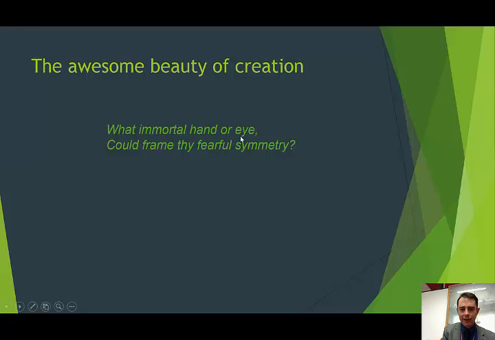And here's where it gets really interesting. So we've got a reference here to two aspects of this created God, two nouns, the hand and the eye. And I think actually if you unpack those things, they're referring to different ideas. The hand could be seen as the active participant.